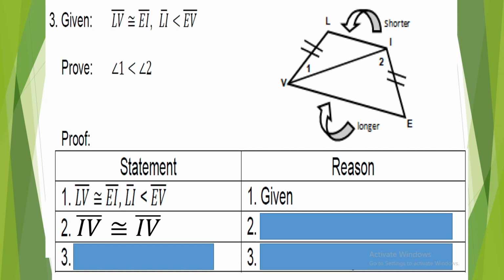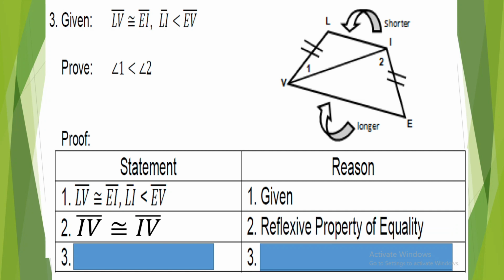That is, of course, based on the reflexive property of equality or congruence. So based on our previous statements, we have this one. IV is congruent to segment IV. And then segment LI is less than segment EV.